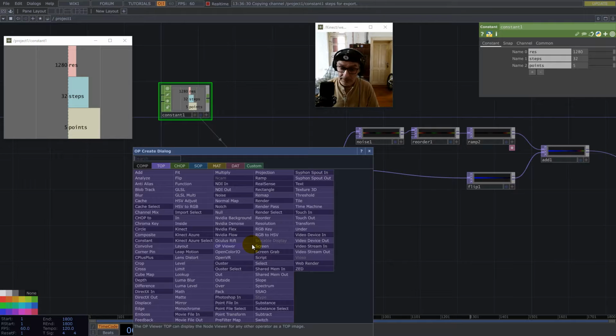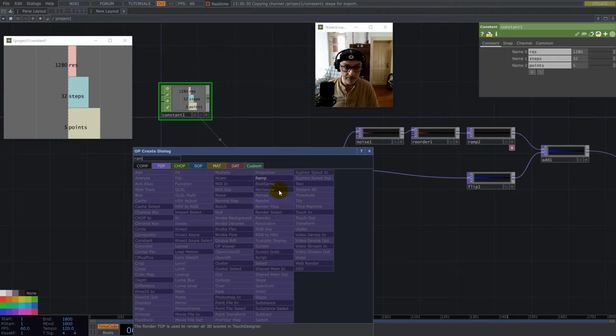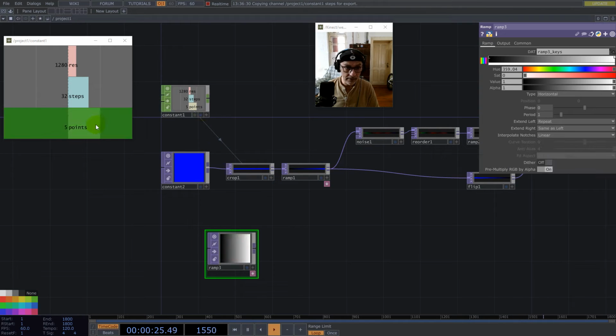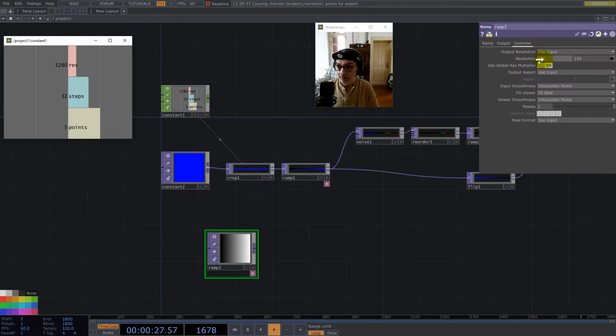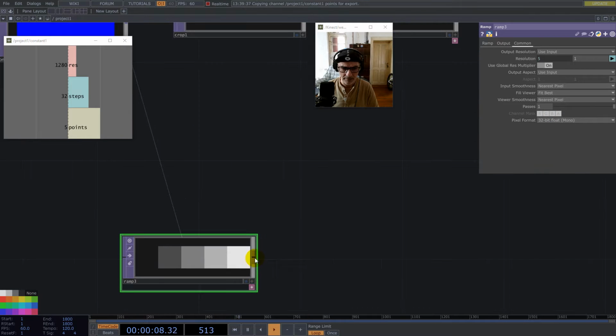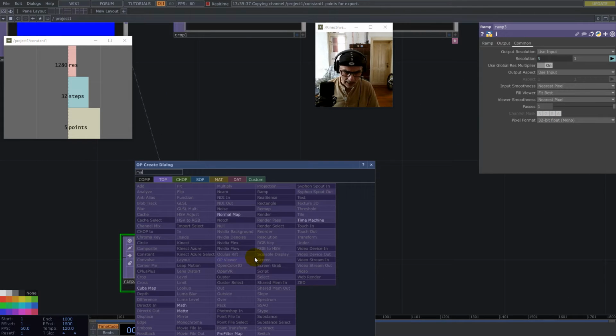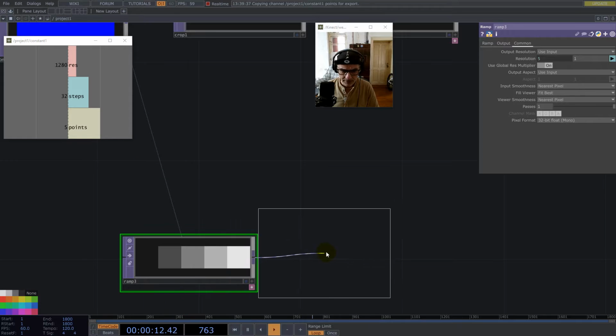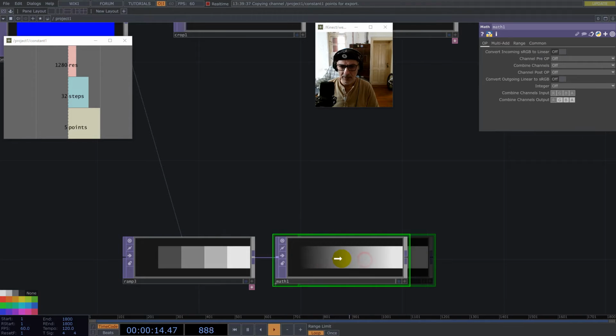So in order to build this, we use a ramp, and this one is how many points by 1. Okay, and this is 32 mono. Let's make nearest pixel to see better. Okay, now I want to multiply this with math with 2pi.